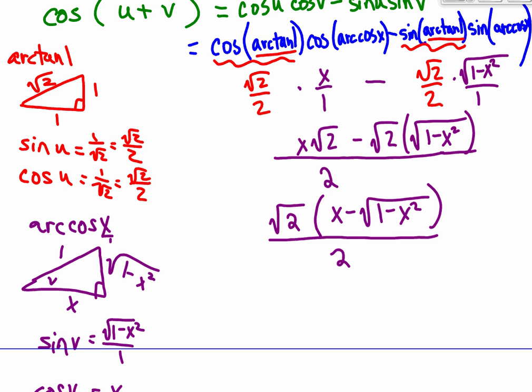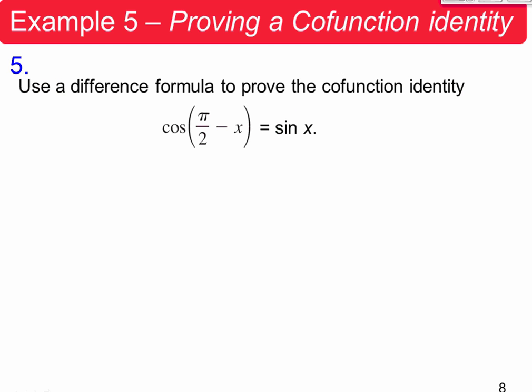And then our next problem is to kind of just maybe validate an identity using one of these sum or difference formulas as we go. So here's our next problem, number 5, and then I have some for you to try, and so maybe we'll do that today. So use the difference formula to prove the co-function identity.